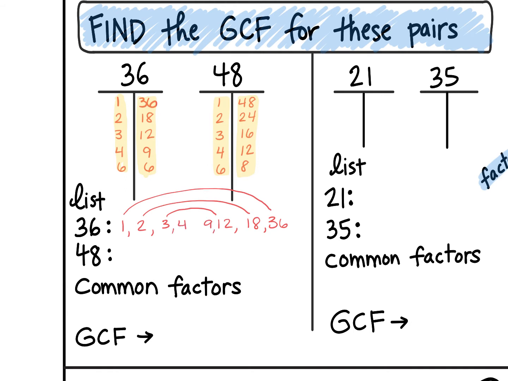Then I only need 6 one time. Why do I only need it one time? Because it's a pair.